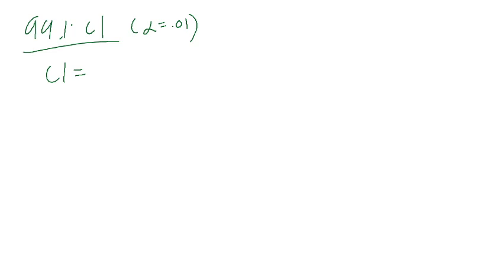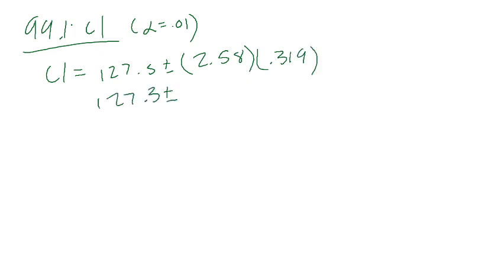So we'll take here our mean. We're going to get that z value in here. And then we're going to multiply by that standard error. So we get something that looks like this. We're going to take 127.3 and subtract 0.823.